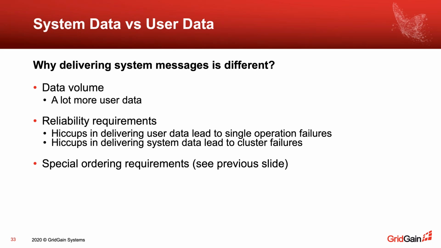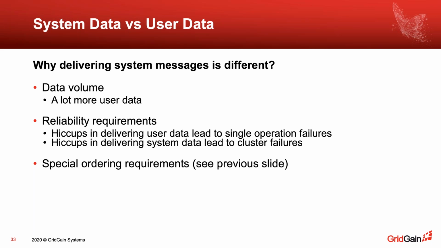And finally, we have already said that system messages may need special ordering guarantees and special ordering requirements, which user data does not always have. The user operations don't all need to have some specific global order, but system events a lot of the time do need some global ordering, and this is another special requirement.